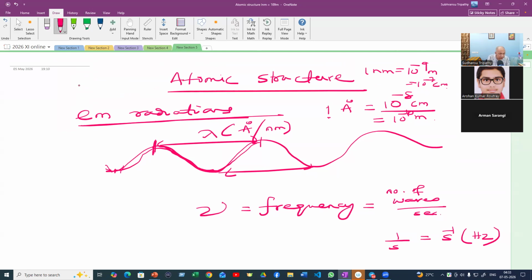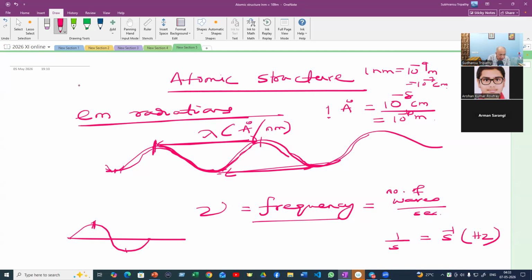And there is another property of a wave called frequency. It is the number of full waves. This is a full wave from crest to crest or from trough to trough. Supposing we start here, this is a full wave, a crest and a trough.